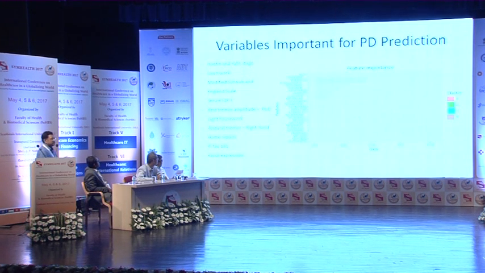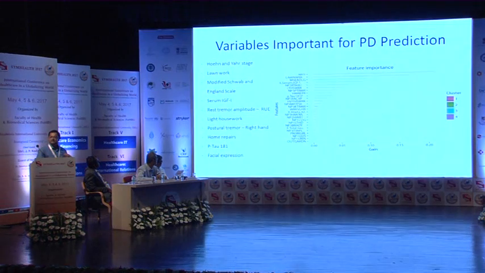So I'm going to show you what went in. What are the variable importances? Which are the variables that are best predictors of Parkinson's? And the answer actually surprised us a little bit. We thought some of these cool molecules like alpha-synuclein and so on would be indicative of Parkinson's. It turns out for a clinical diagnosis, anyone want to suggest something? What would be the most important thing for clinical diagnosis?